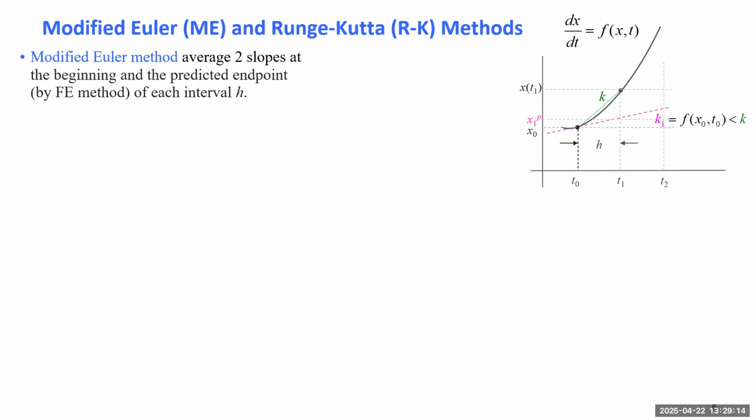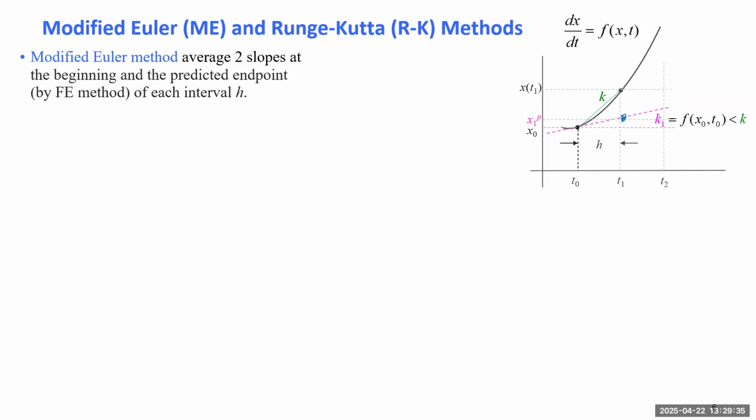So what it does is it first draws a tangent line at the starting point. This is the same as the forward Euler method. If you're using the forward Euler method, you can stop here and just use this point to estimate the true solution. But the modified Euler method asks you to do a further step.